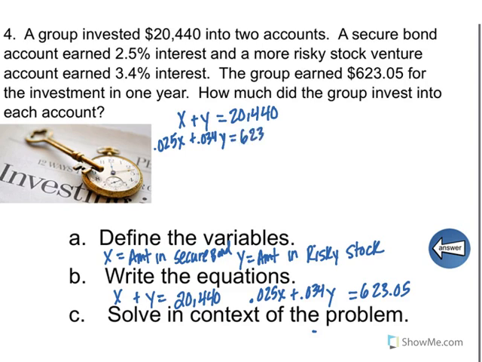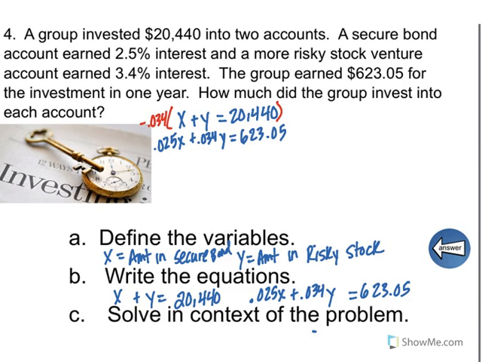So remember, with elimination, I need to choose one of the variables to eliminate. And this one, it doesn't really matter which one I choose. I just want to get rid of maybe the larger decimal, so I'm going to multiply everything by negative 0.034, so that I can get rid of the y's.